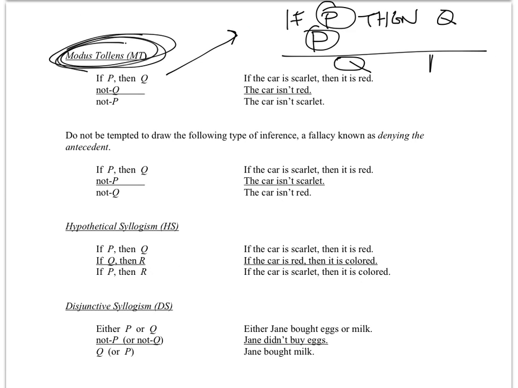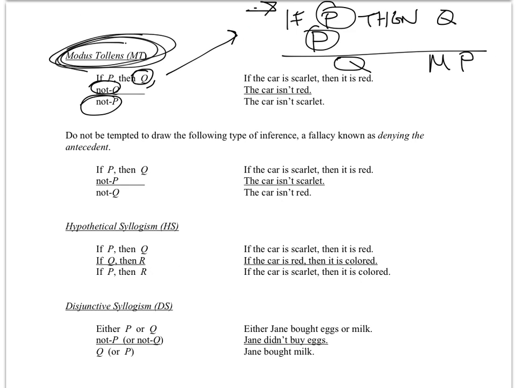In the case of modus tollens, on the other hand, you have if P, then Q, the same as in modus ponens, but you have an exact mismatch with the Q. And that entitles you to logically conclude not P.